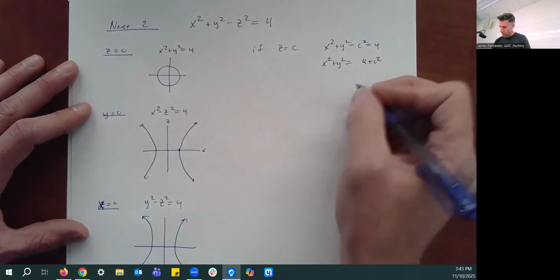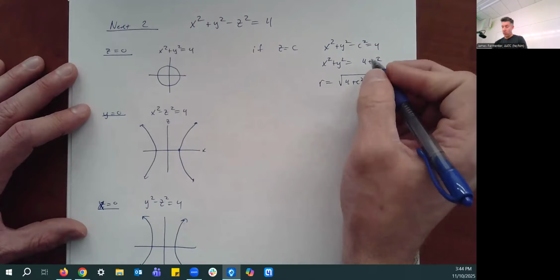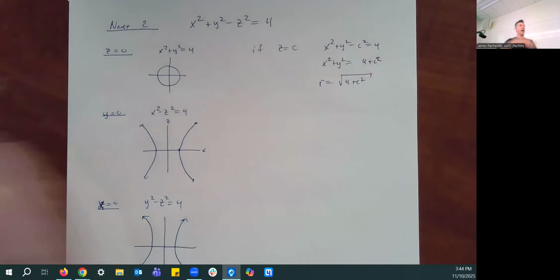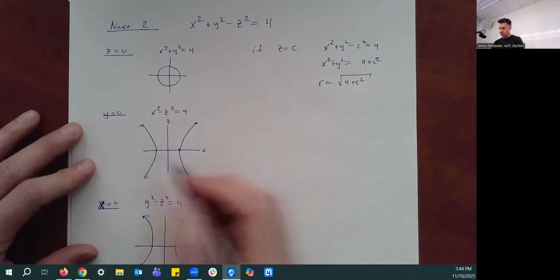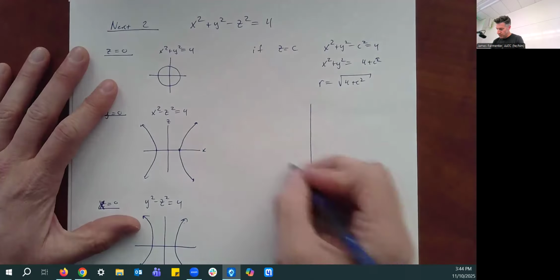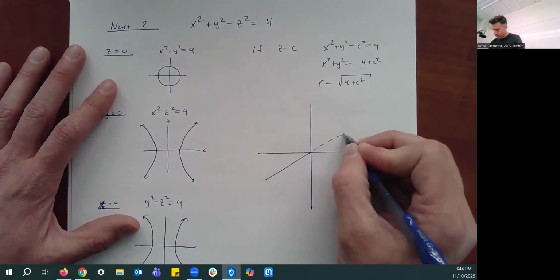That's a circle with a radius of the square root of 4 plus c squared. So a larger circle as you go higher up or lower down, because you're just squaring z. It doesn't matter if z is positive or negative. As we move up or down, our circles widen out, which makes some sense if you think about what our graph is going to look like.